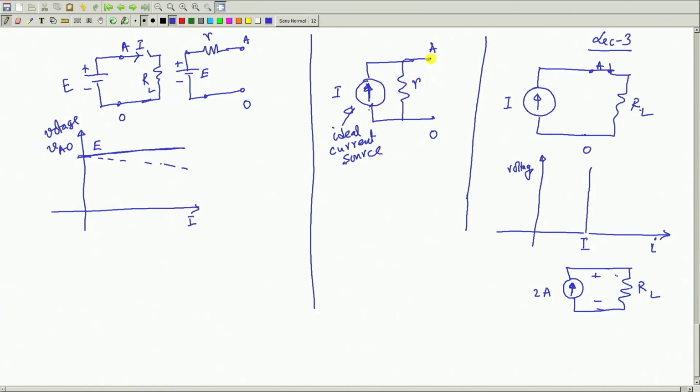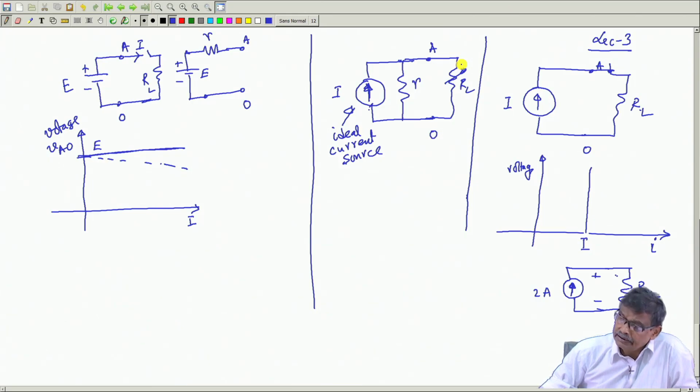And then this R and other impedance connected across this R can be thought of as part of this. Who prevents you from doing that? And therefore, the voltage across it will be decided by this I and this equivalent resistance. It could be anything depending upon the value of RL. RL, the load resistance, may change, but the internal resistance of the current source will not change.